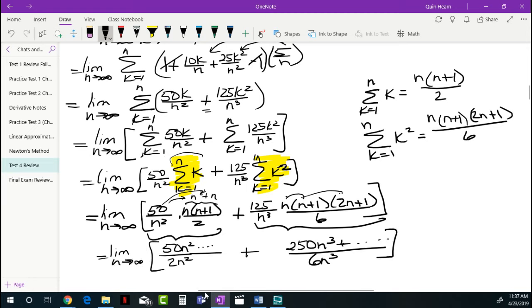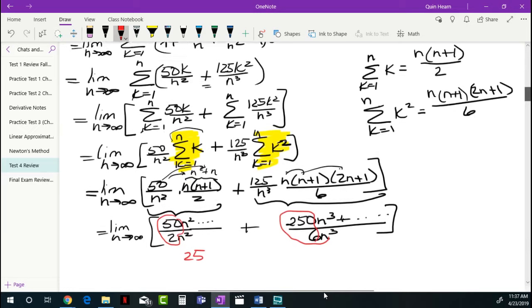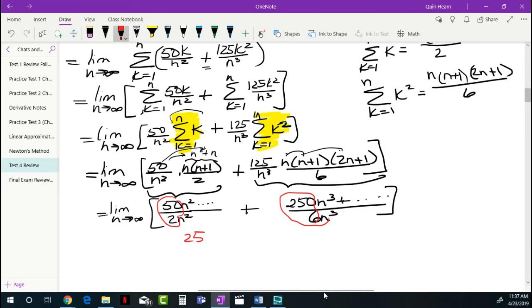So for example, in this first one, if I were to multiply this out, I'd get n squared plus n. And then if I distributed 50, the first term with the highest degree in the numerator would have 50n squared. And in the denominator, 2n squared. There's more stuff there, but that's not going to affect the limit to infinity. Only the highest power dominates.